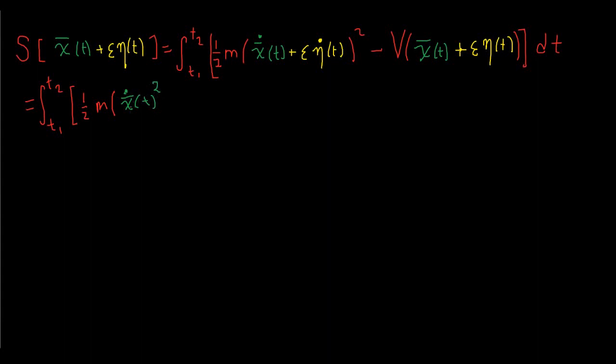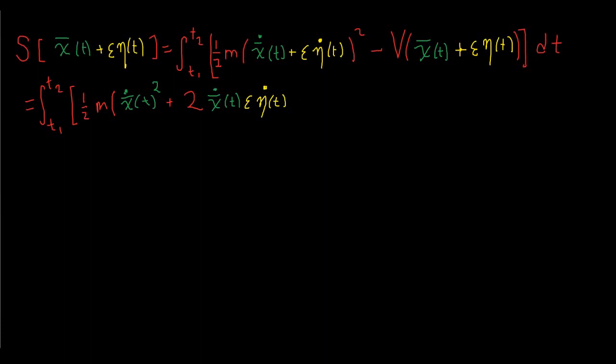So x bar dot of t squared plus 2 times x bar of t dot times epsilon times eta of t dot. That's our cross term.